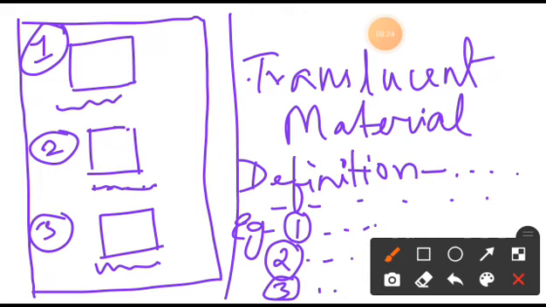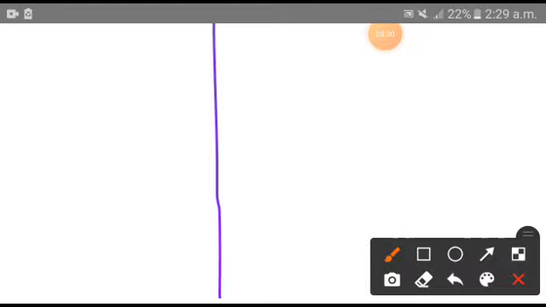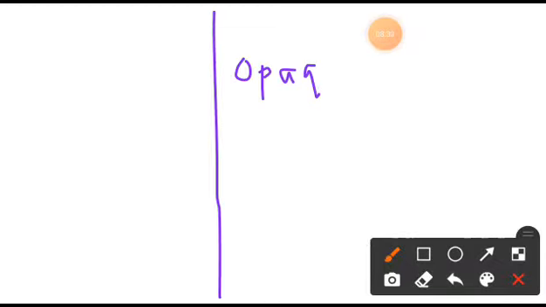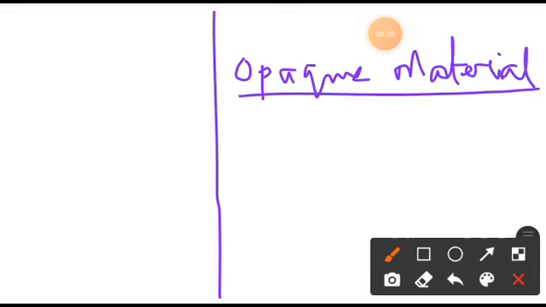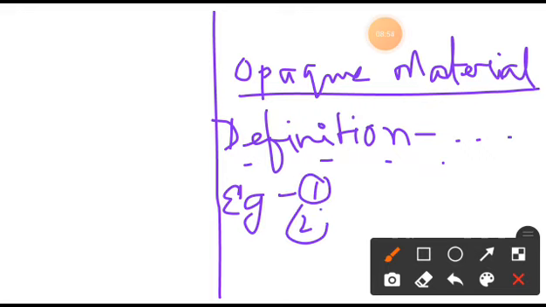Now in the same way, you are going to write for the opaque material also. Give the heading opaque material, then write the definition first. Then after writing the definition, you are going to write 3 examples from your daily life.